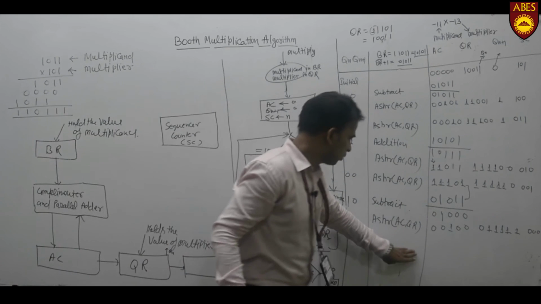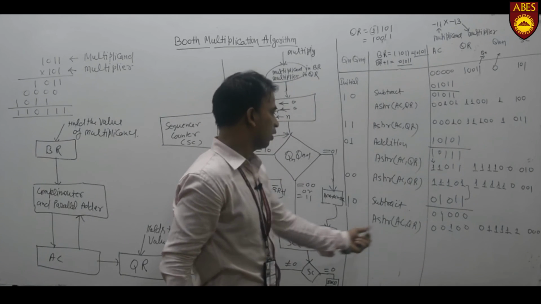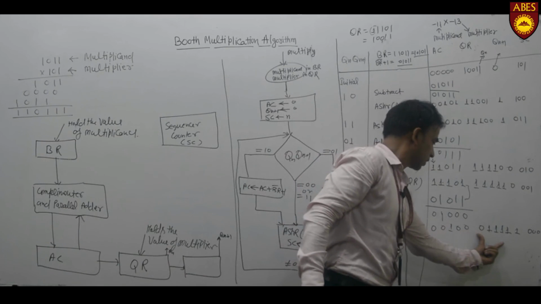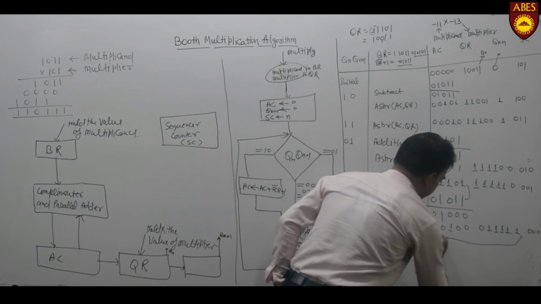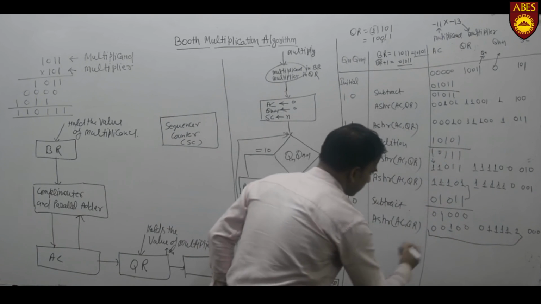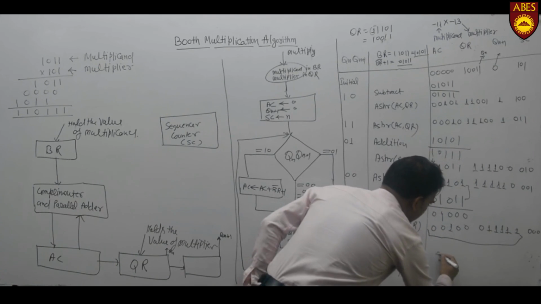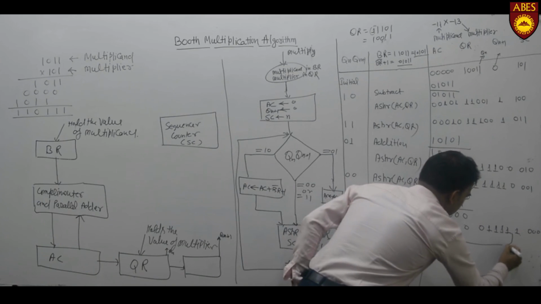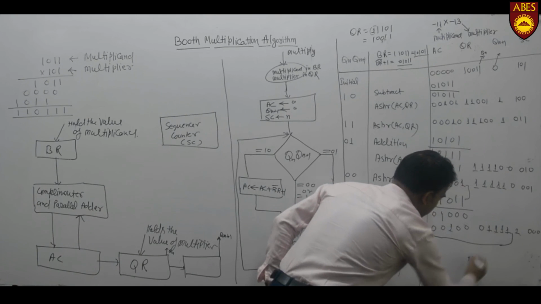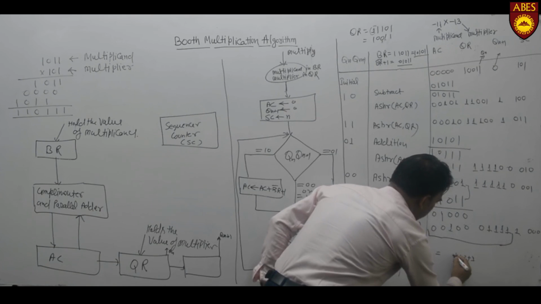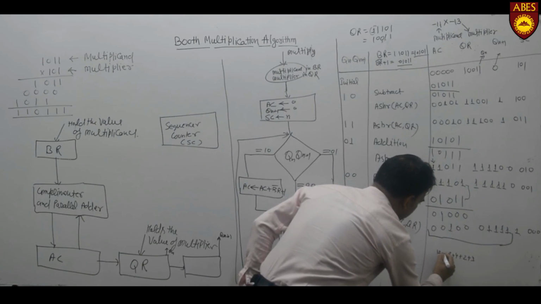It means now our process has completed. The final product you can read from the AC and QR registers. Now you can check the value of this. This is the final product. This is a binary number; its decimal equivalent will be 1 plus 2 plus 4 plus 8 plus 128.